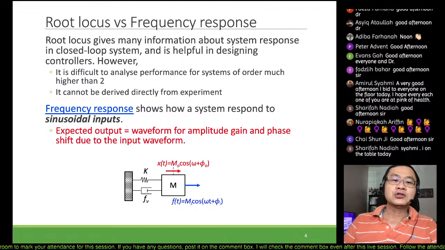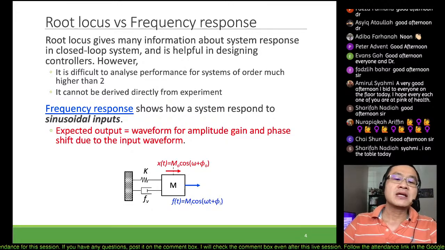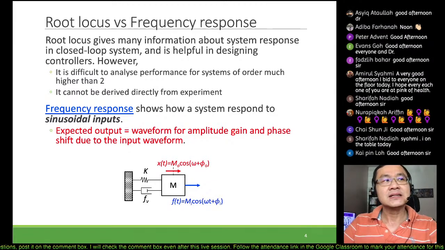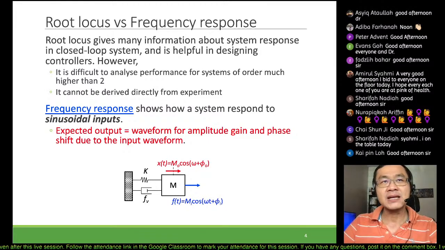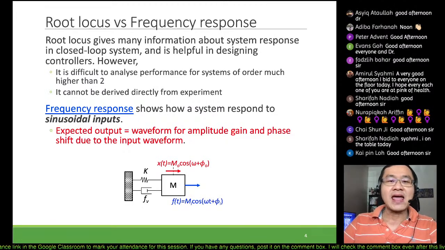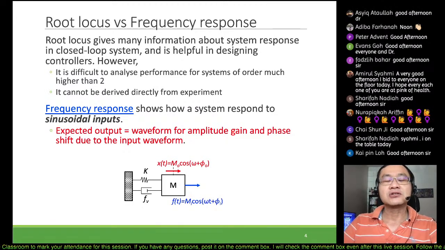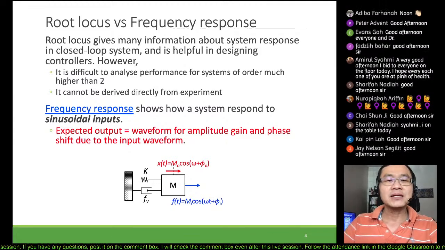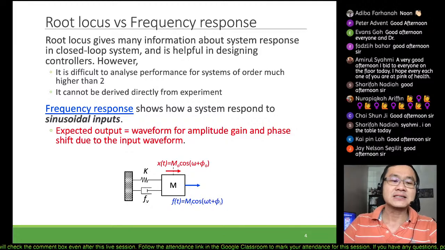Also, using the root locus technique, we may not be able to directly derive the transfer functions or other important parameters from experiments. So the root locus is more suitable when we already have the theoretical transfer functions properly derived beforehand, so that we can apply them for our analysis.